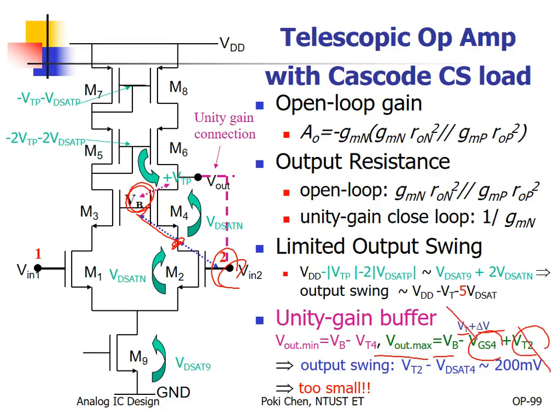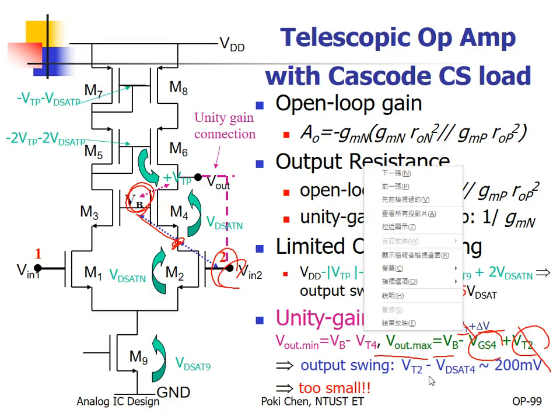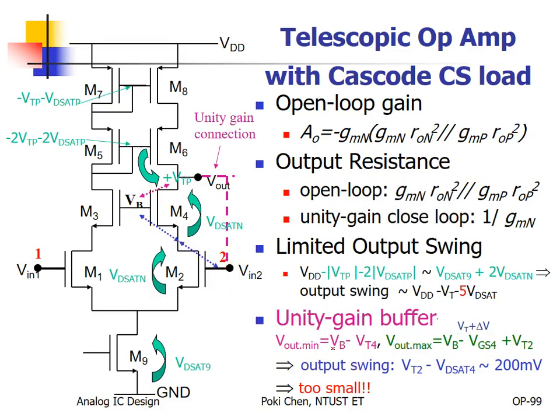So yeah, for rough estimation, I don't care whose VT. I don't care about the body effect. No, that is too complicated. Okay? Then it means what? The minimum is the same, VB minus 1 VT.